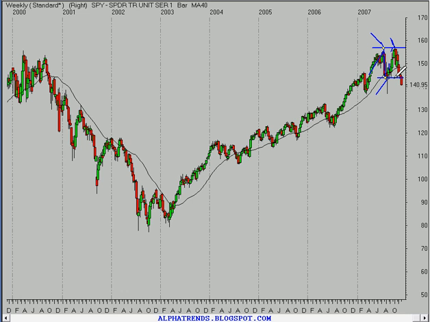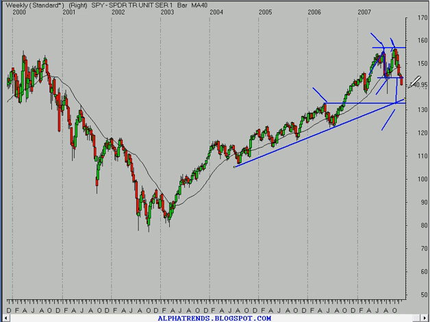We then subtract that 12.5 points from the breakdown point, which is 145, and that will give us a target down at about 132.5. So that would bring the market to about right here, which again is very close to the 2006 highs, and a lot of times resistance becomes support on a test, and also the location of this trend line.